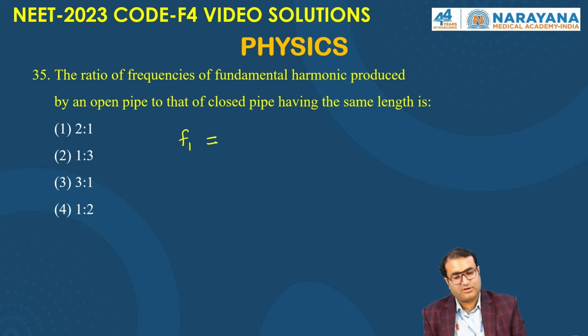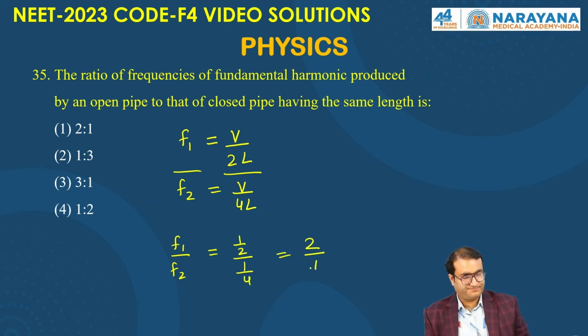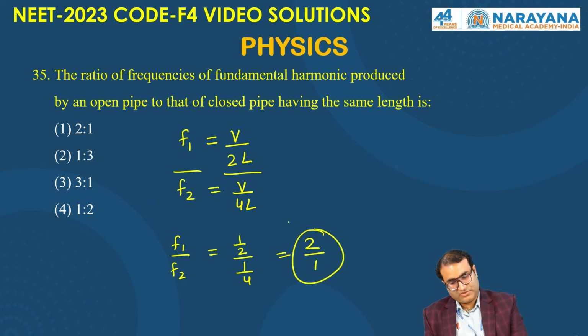Frequency produced in the open pipe, fundamental frequency, is given by v by 2L, and for a closed pipe it is given by v by 4L. We'll just take the ratio f1 by f2, 1 by 2 by 1 by 4, which will come out to be 2 by 1. 2:1 is the answer here.